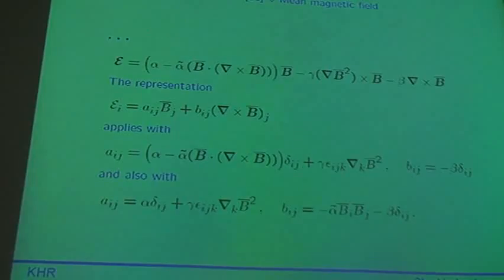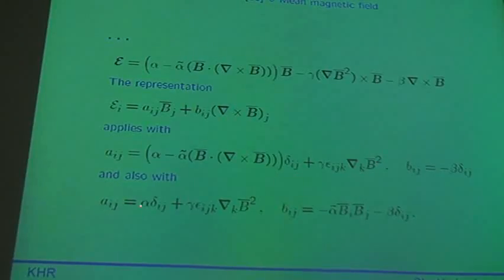So, one interesting aspect is you can write this result, which I derived, using this relation. E is a term with B and a term with curl B. You can reproduce it by saying Rij is this effective alpha delta ij and the gamma effect.